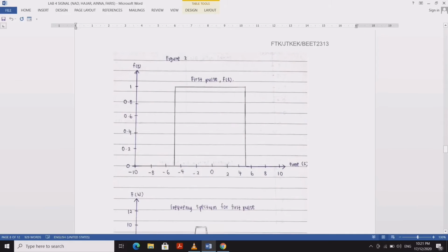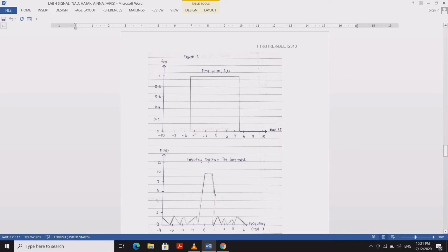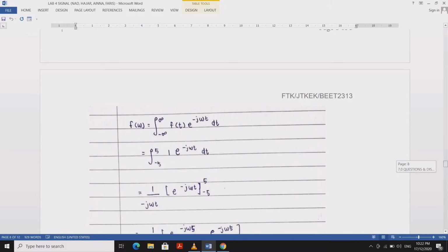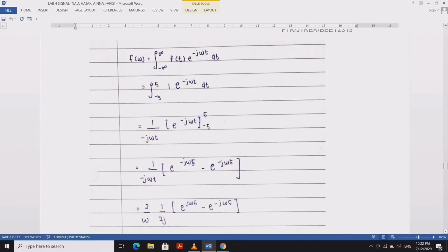This is the graph that I drew manually for f(t). We get negative 5 to 5, while this is the frequency spectrum, and I will show how to get the result for F omega. By using the Fourier transform formula, we solve and simplify the equation, inserting the limits negative 5 to 5.